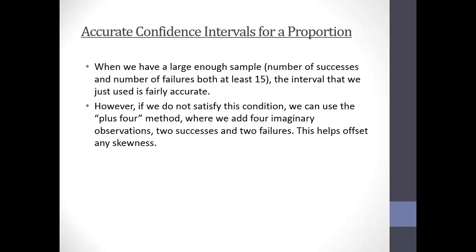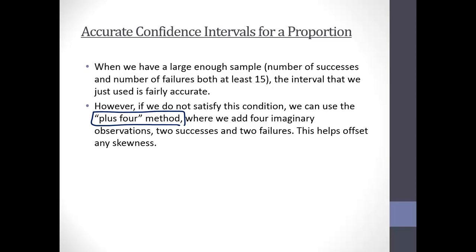The nice thing in this chapter is that if the large enough sample condition does not check out, we have an alternative instead of throwing up our hands and doing it anyway. We can use this other method, which we're calling the +4 method, which will become clear in a minute.